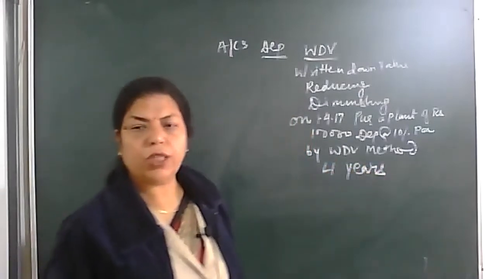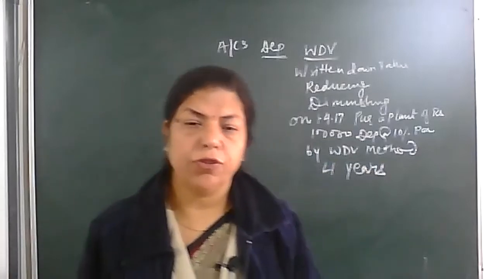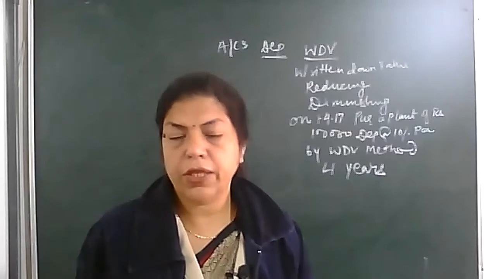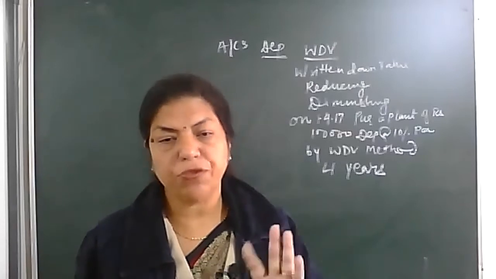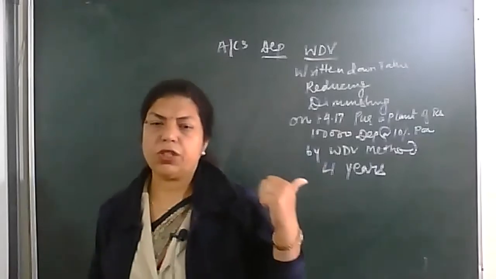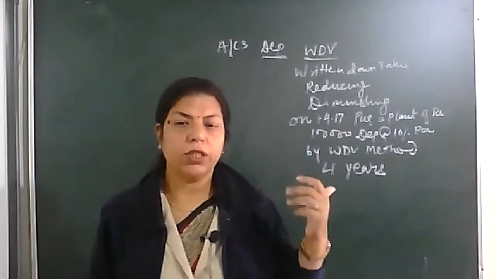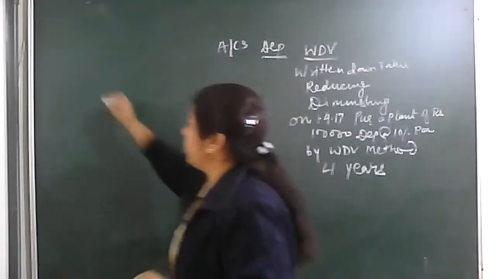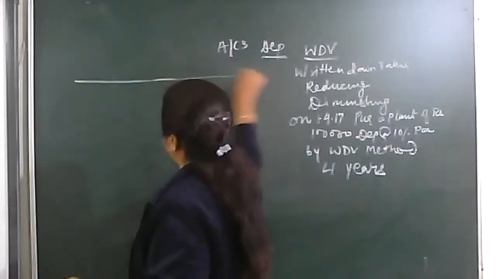For 4 years. Be careful, see the question, how many years they are giving. Yesterday we completed the question of 4 years, the day before yesterday 3 years. So it depends on the situation. Here the question is for 4 years. Look at the screen.